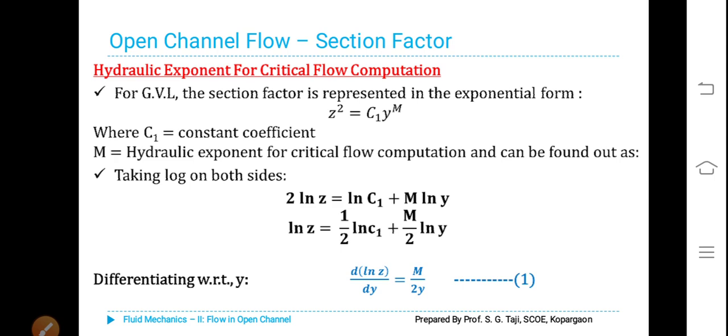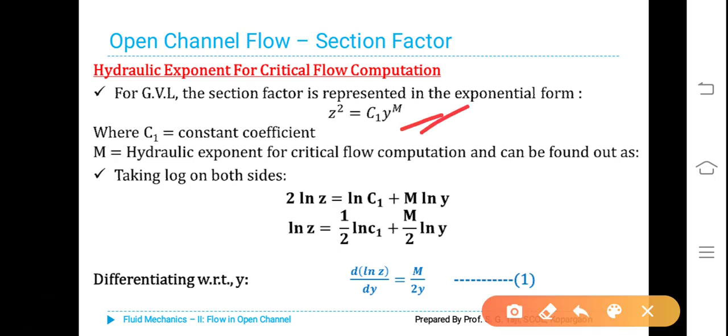For gradually varied flow, the section factor is represented in the exponential form, that is Z squared is equal to C1 y to the power of capital M, where C1 is a constant coefficient, M is the hydraulic exponent for critical flow computation and can be found out by taking log on both sides of this equation. 2 log Z is equal to log C1 plus M log y, which simplifies after differentiating.